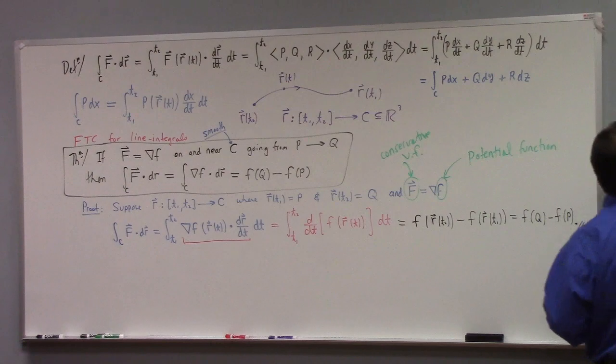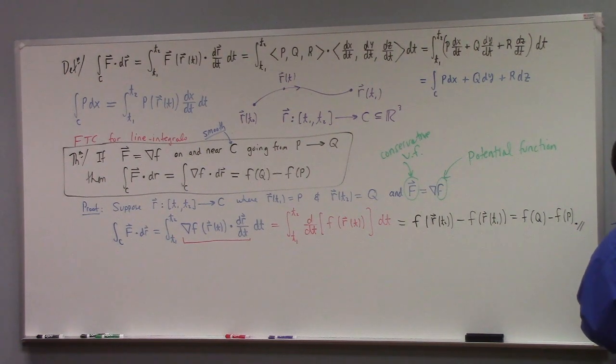So example 1. Let's see here. Suppose we've got vector field f equal to, oh, I don't know, xy squared plus e to the x, comma, y sine y squared plus x squared y.